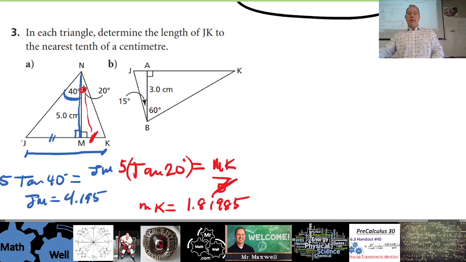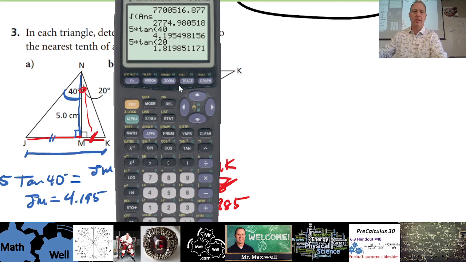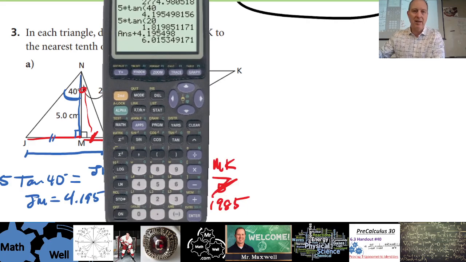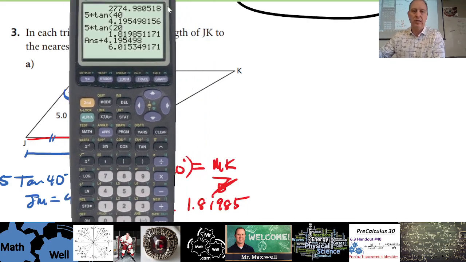So, if I need JK, I'm going to add up JM plus MK. Does that sound about right? So let's add those up now. I got one on my calculator already, plus 4.19, and I'll use a bunch of decimal places. And I have 6.015, to the nearest tenth, 6.0.